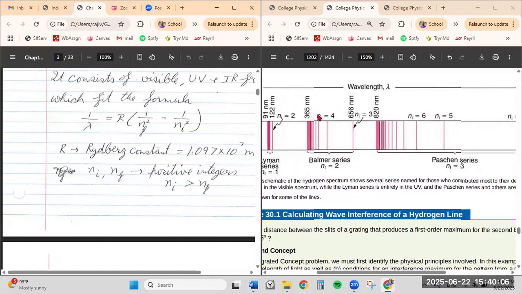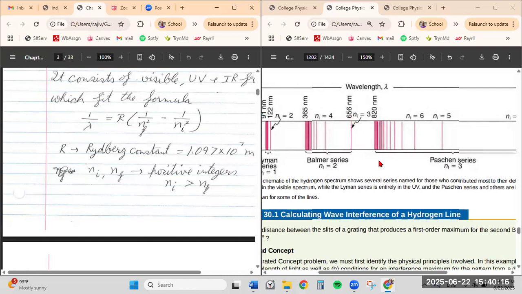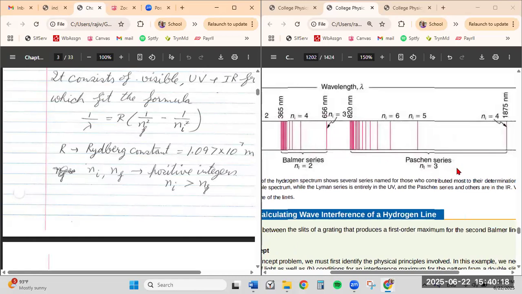And notice the wavelength of the Balmer series varies between 365 nanometers and 656 nanometers. Then we move on to the Paschen series, where NF has a value of 3 and Ni can be anything greater than that.